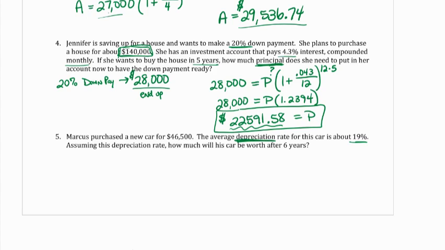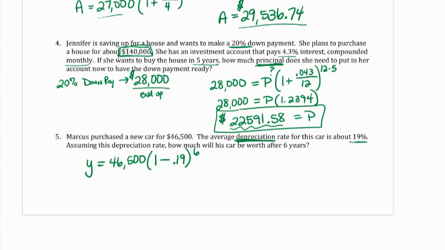So I'm going to start with, oops, wrong one. Sorry, we did y equals 46,500 times 1, and this time I'm going to subtract because it's depreciation. Do my rate of 0.19 because that's 19%, to the t, which in this case is 6 years.